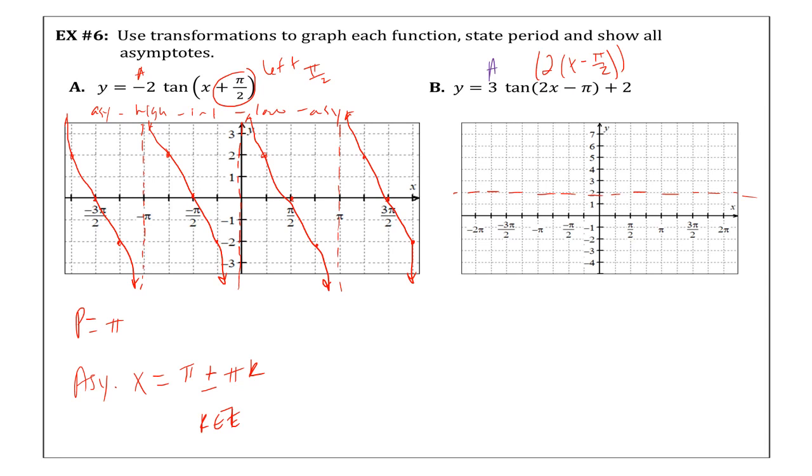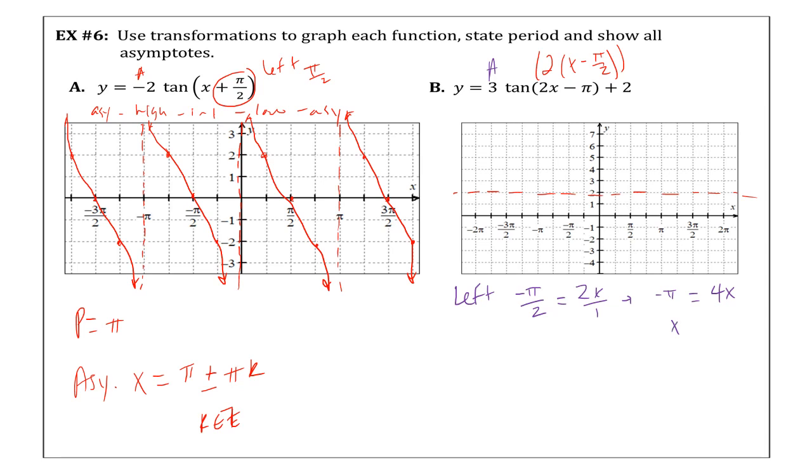Okay, so we talked about finding our asymptote. I encourage you to do the method of setting up your proportions. So we know that our left asymptote is always at negative pi over 2. Well, our B is 2x, so our B is 2x over 1. So when we cross multiply and divide, we're going to be left with negative pi equals 4x, right?